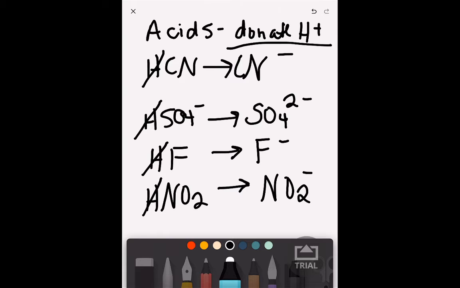It donated that 1 positive hydrogen ion. HSO4 negative becomes SO4 2 negative because it donated that 1 hydrogen ion, and it became more negative by 1. The HF became more negative by 1 and just became F negative. And then the HNO2, when it donates its hydrogen ion, what's left is NO2 negative. And again, it's more negative by 1 because it gave away a positive.